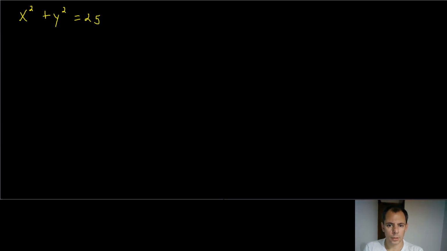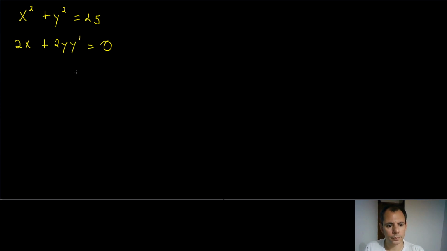Okay, so the exercise is asking for the second derivative. We're going to differentiate everything with respect to x, and then differentiate everything with respect to x again, because it's asking for the second derivative. So let's do this. 2x plus 2y y prime equals 0.